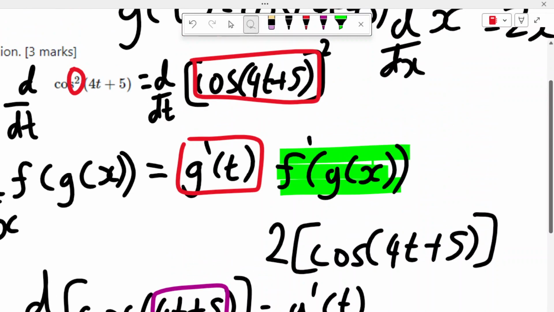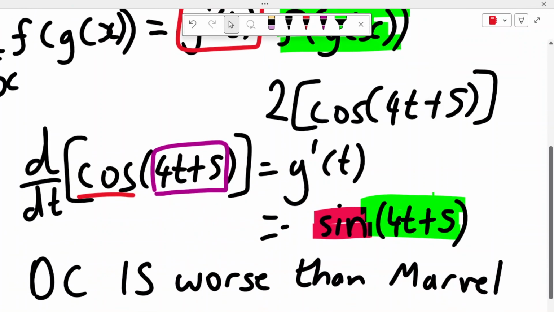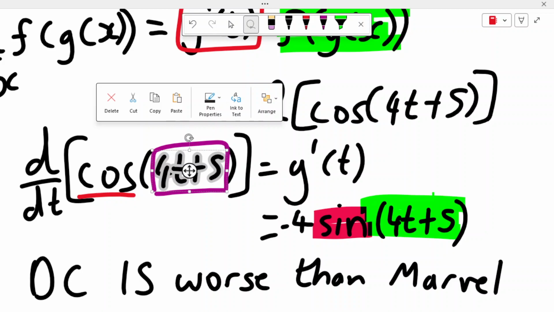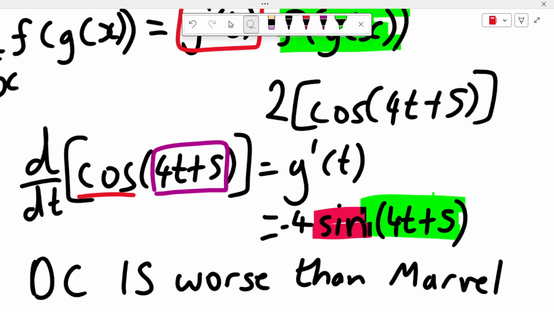We've got this half all sorted, and now we're just finishing this bit. So hopefully you realize that the number to put out here is a 4, because we have to differentiate the guts of it, and when you differentiate 4t plus 5, you get a 4.